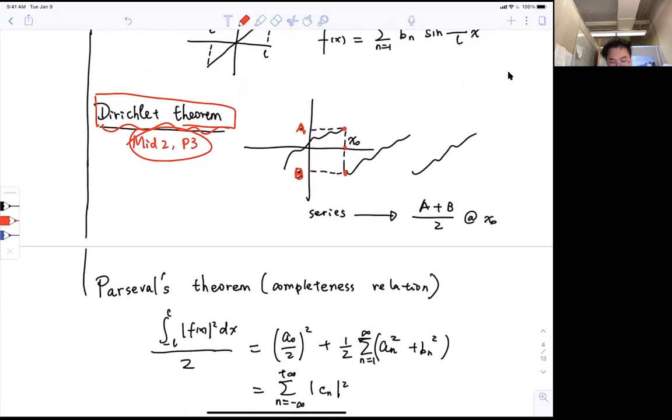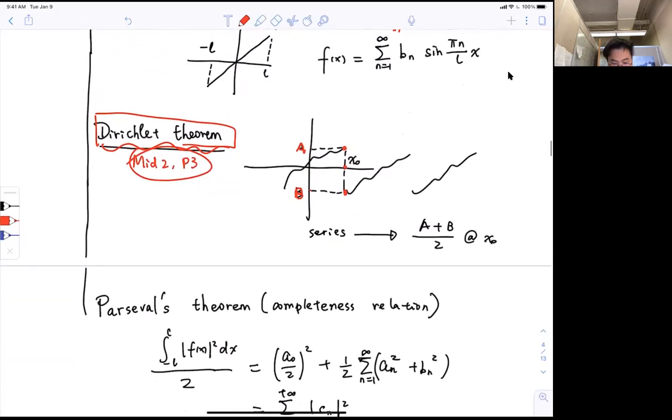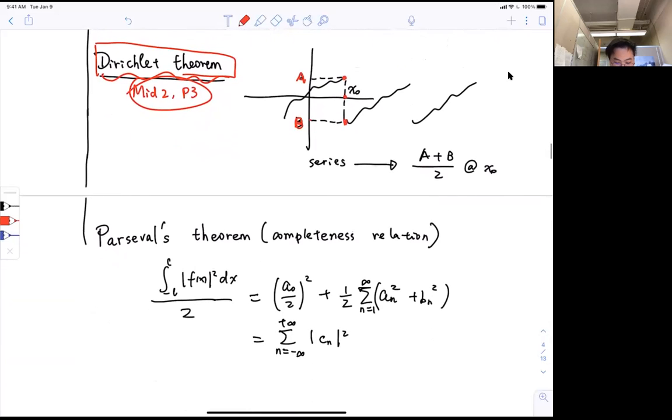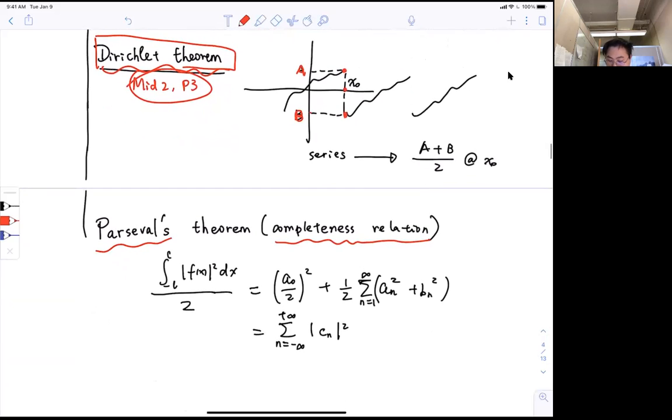So there's also another theorem. Yeah, there are so many theorems. Parseval's theorem, also known as the completeness relation. This relation tells us the relation between the average of the function squared within one period, and the coefficients of the Fourier expansion, an and bn.